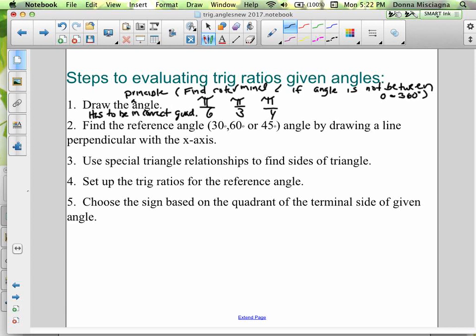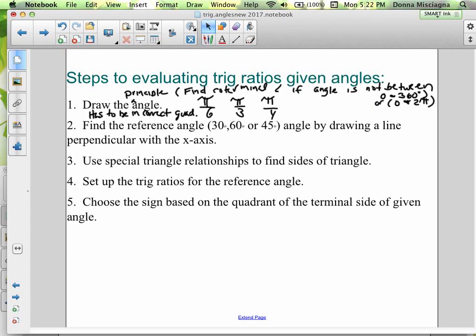And of course in radians, that's 0 and 2 pi. And that's a little and symbol there. All right, so we have to be in the correct quadrant. We need an angle that is going to be in between 0 and 360. We don't want to go around the circle.